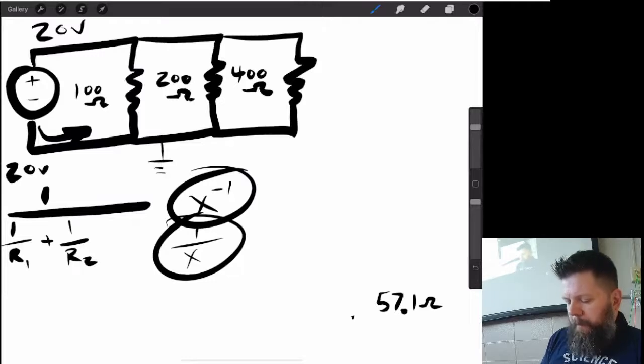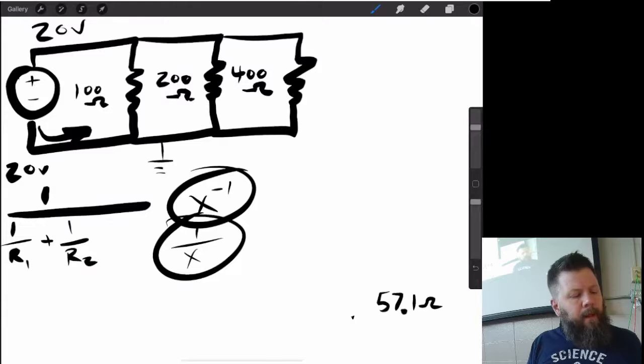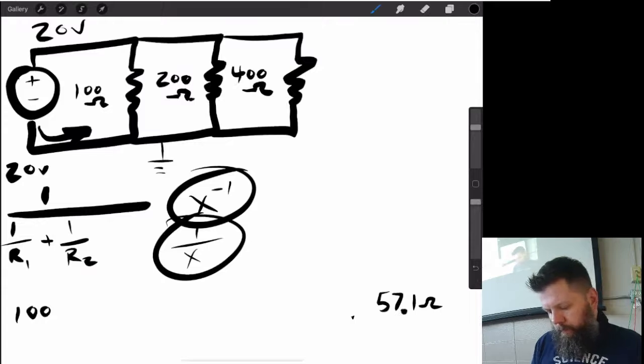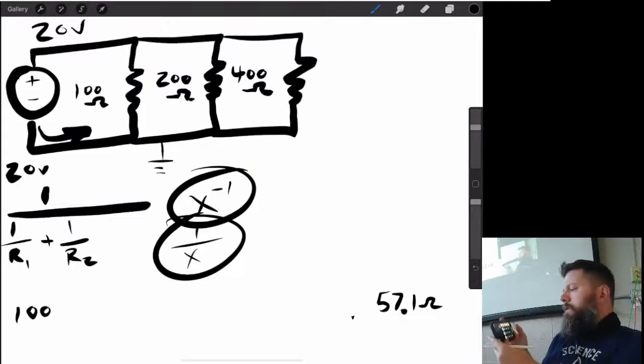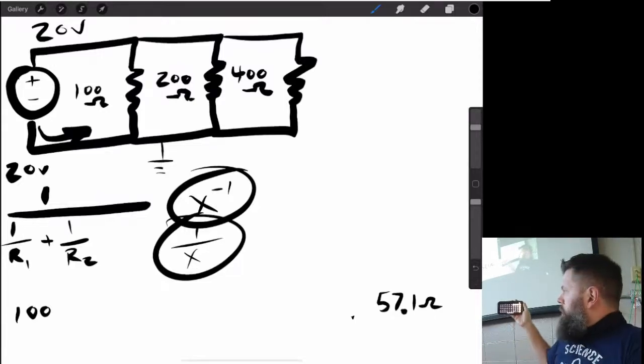All right. So I'm going to put in the first resistance. I'm going to do 100, okay? If you flip it over on there, you're going to get a bunch of extra stuff.